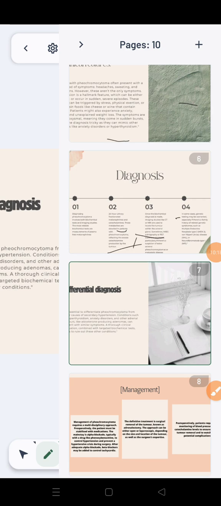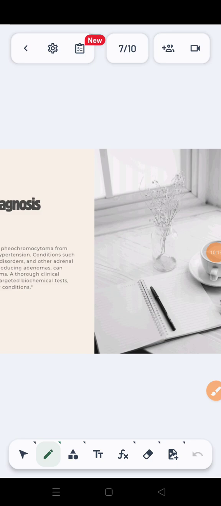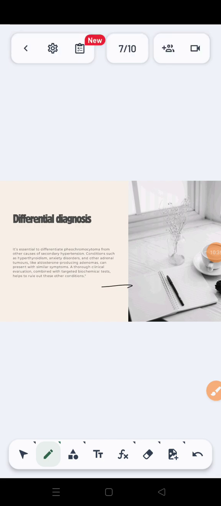Now let's discuss the differentials of this disease. It is essential to differentiate pheochromocytoma from other causes of secondary hypertension.